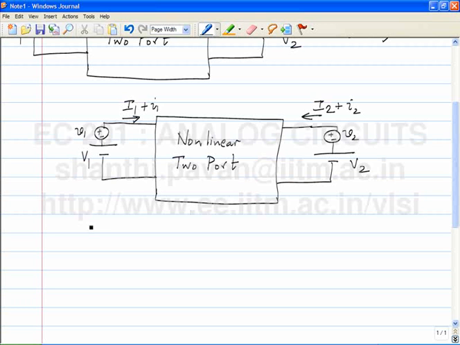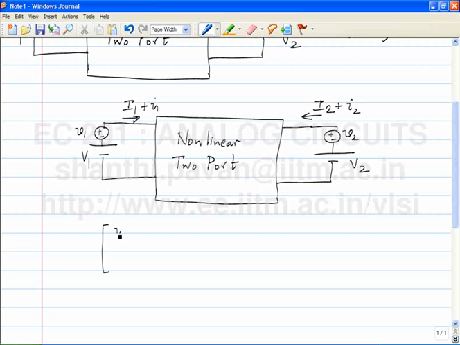Last time around we saw that even though the absolute port voltages and the absolute port currents are related through a bunch of nonlinear equations, the incremental port voltages and the incremental port currents are still related by a set of linear equations.